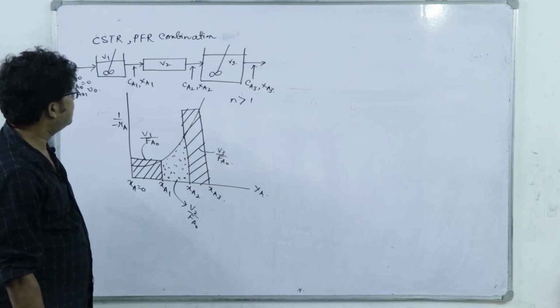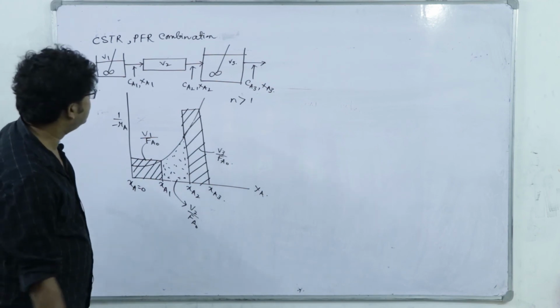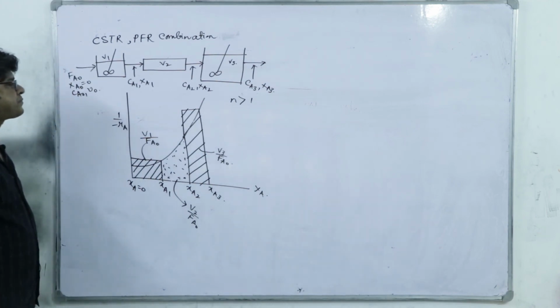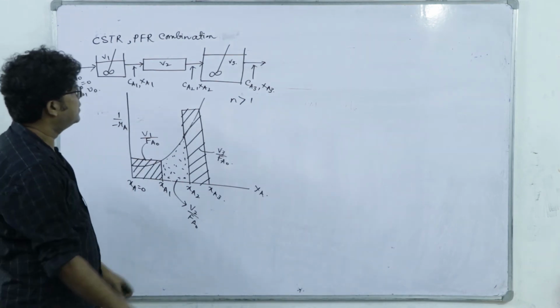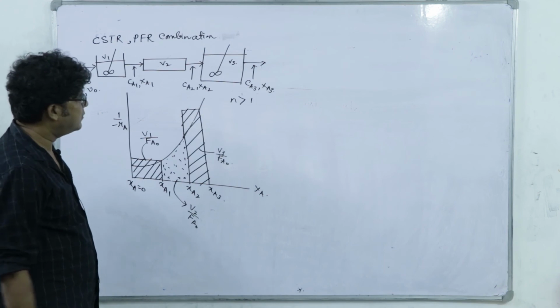So 3C1, and the rest will be permuted. So 6 possible combinations will result.